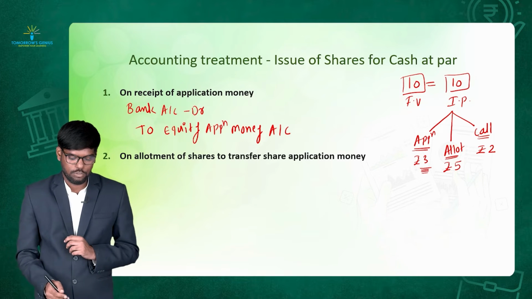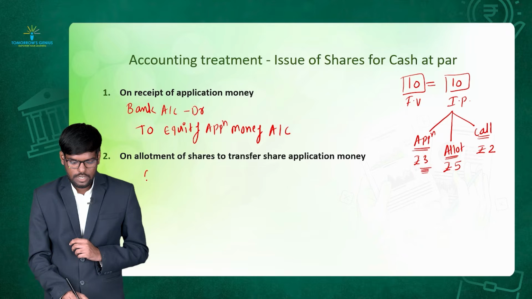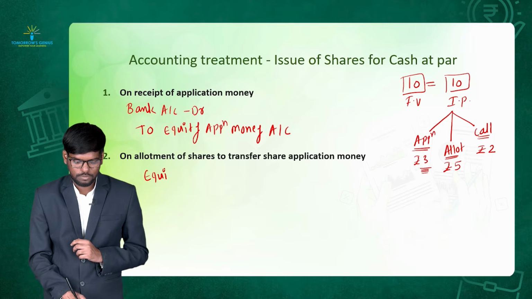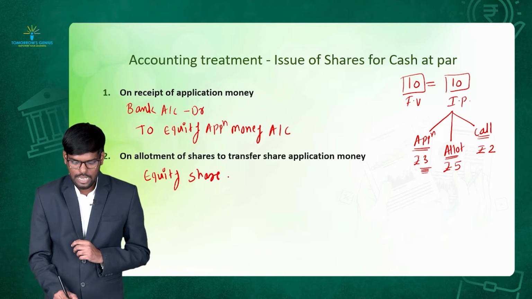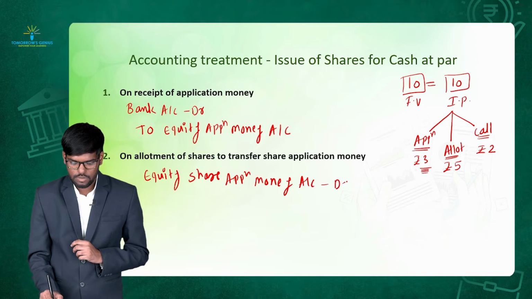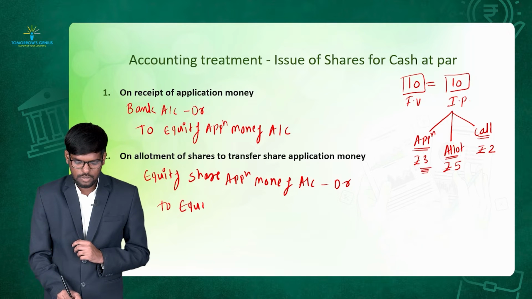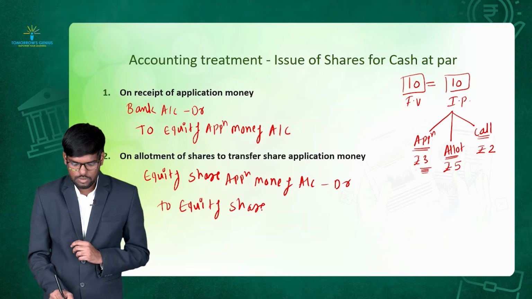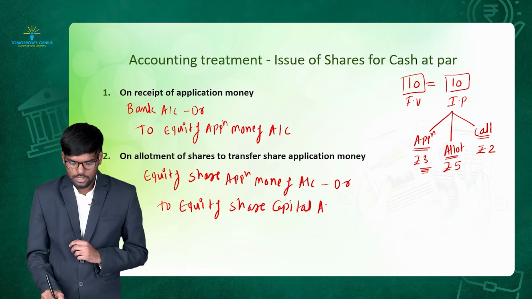So which entry we have to pass for that? Entry is equity share application money account debit to equity share capital account, right?